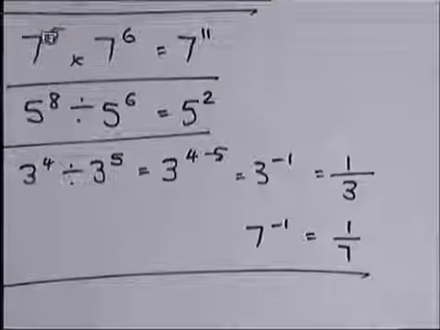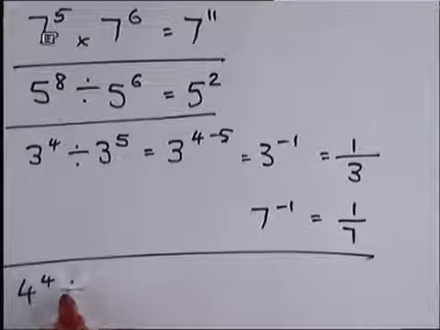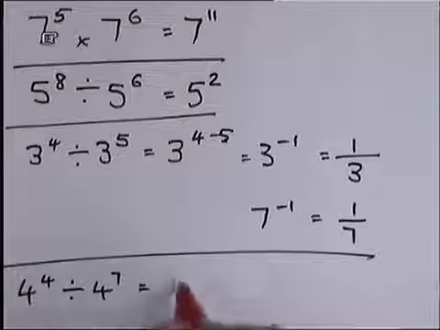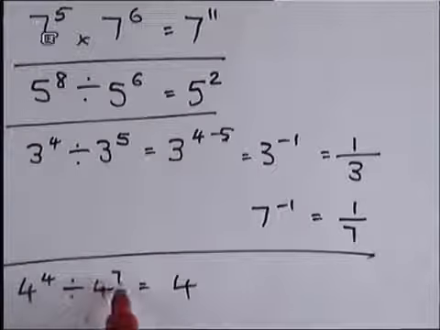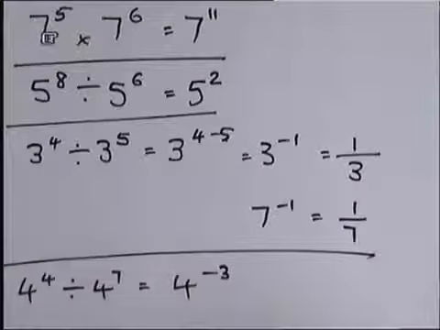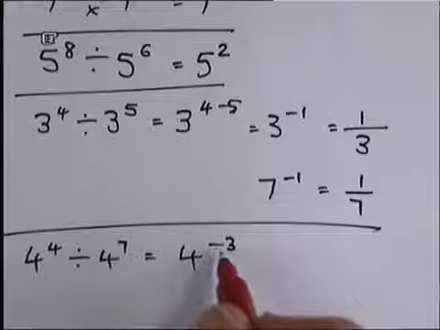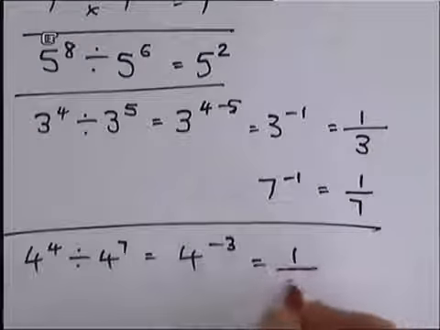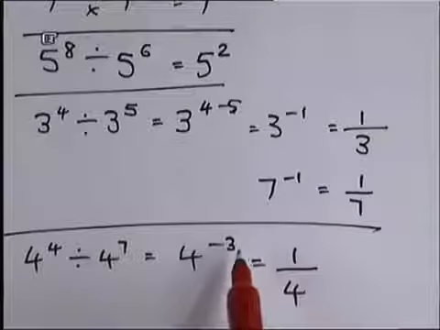Moving on, you can have other questions which give you minus powers as well. If we look at 4 to the power of 4 divided by 4 to the power of 7, we've got to do a taking away because we're dividing. 4 take away 7 is minus 3. So I would have 4 to the power of minus 3. The minus power means 1 over, just like it did here. But it's not just 1 over 4, because that would be 4 to the minus 1.